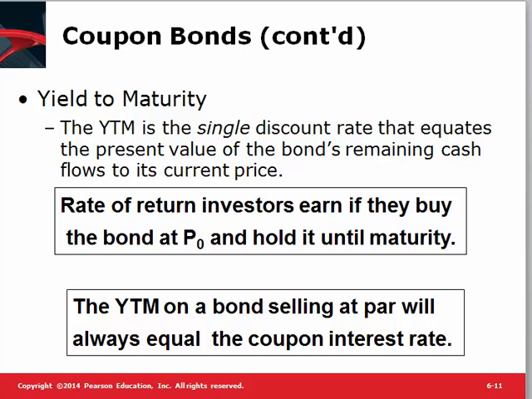It's the rate of return that you earn if you buy the bond at the current price and you hold it to maturity. So it is the solution to a time value question. So the yield to maturity on a bond that's selling at par value will always be exactly equal to its coupon interest rate.